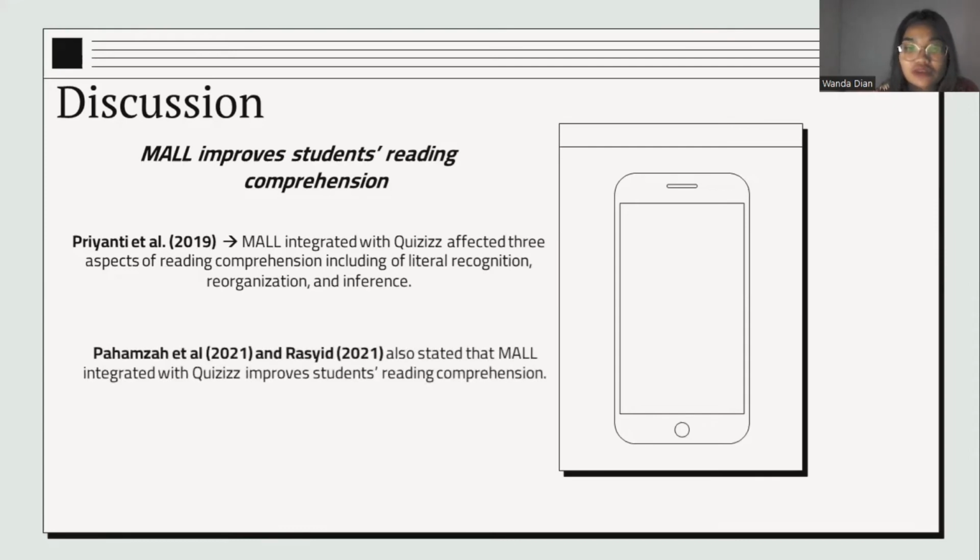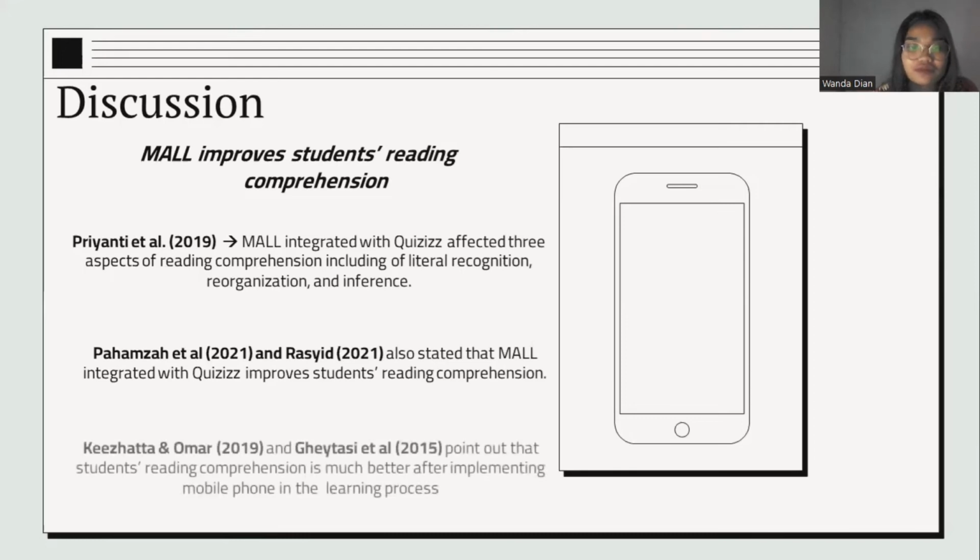Pahamzah et al. 2021 and Rashid 2021 also stated that MOL integrated with quizzes improves students' reading comprehension. Rashid further states that the integration of MOL in reading skill helps students improve their ability to determine the main idea as well as understand vocabularies.